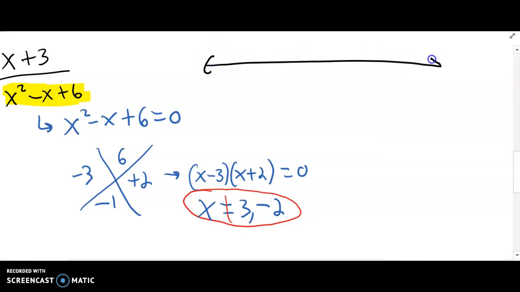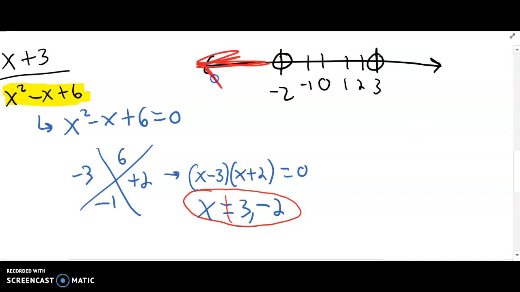So we're going to check this out on a number line. Here's 0, negative 1, negative 2. You're going to put a hole because it's undefined at negative 2. And 1, 2, 3 also has a hole. But every other number works. So all negative numbers this way, everything in between, and everything in this direction as well.